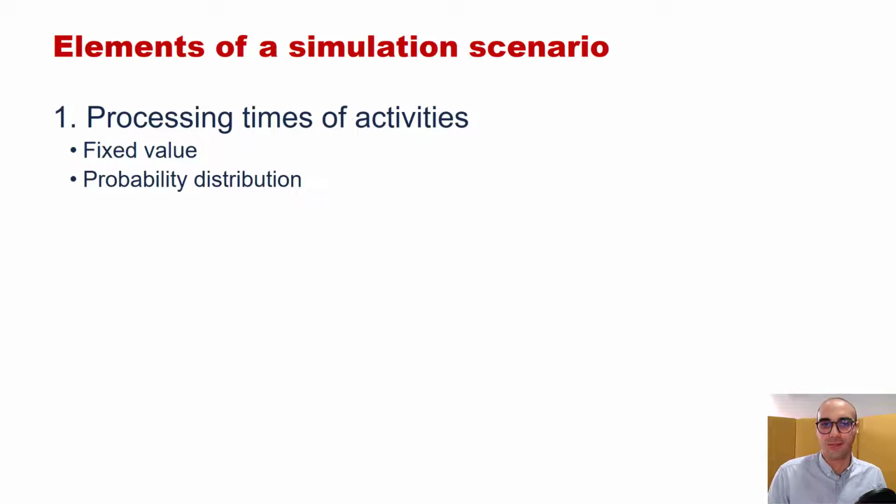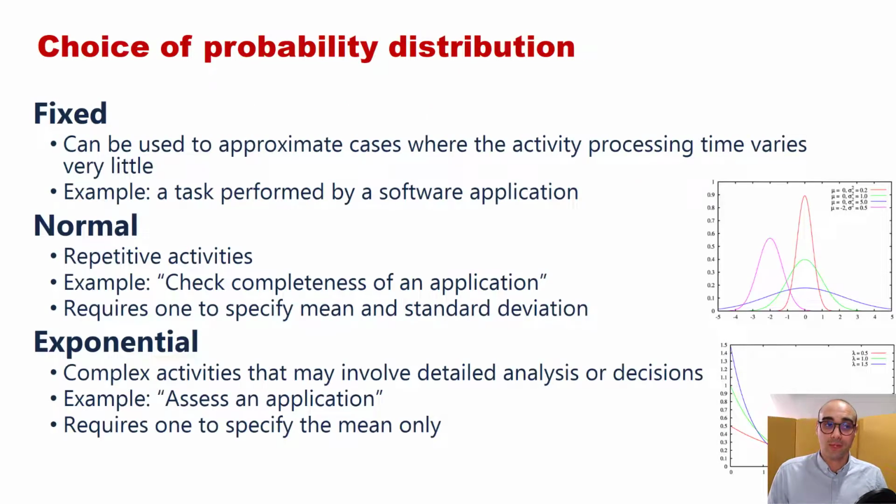In real life situations, the activity execution time differs from one case to the other, but it comes from a distribution. Sometimes the distribution is fixed when you have a systematic task. Sometimes the distribution is normal when you have a well-defined task, like checking the completeness of an application.